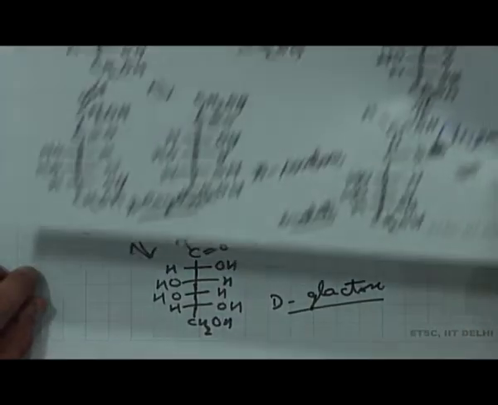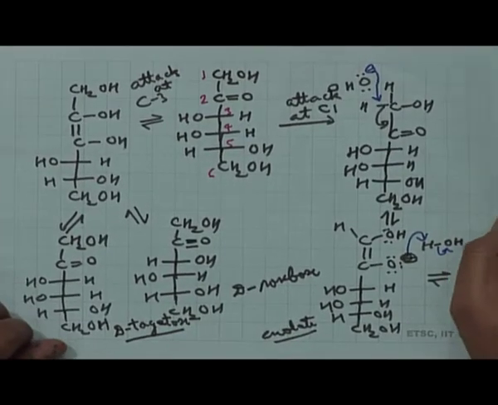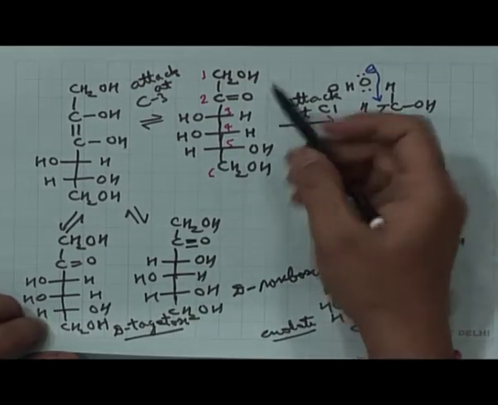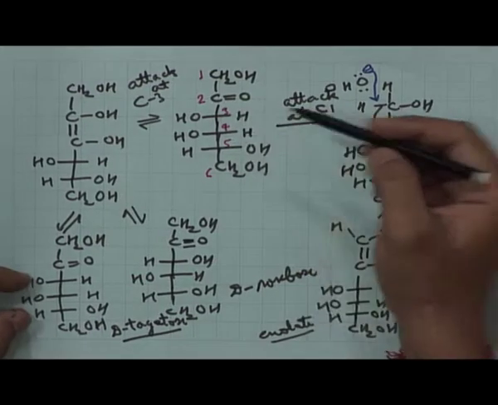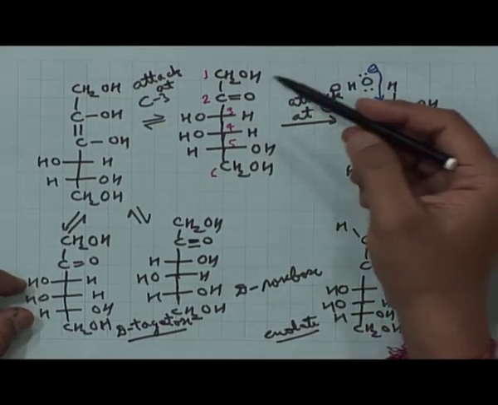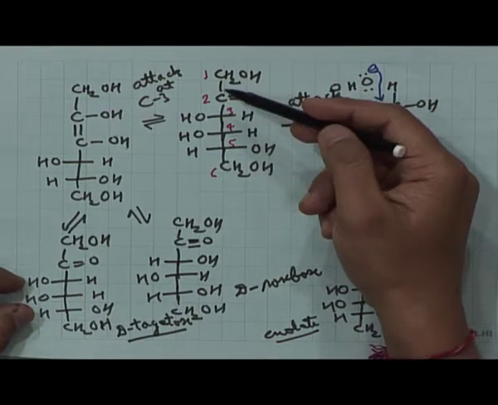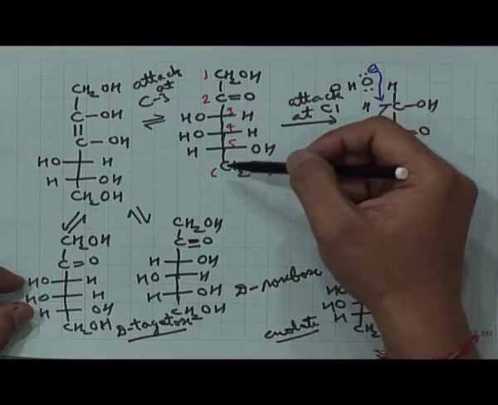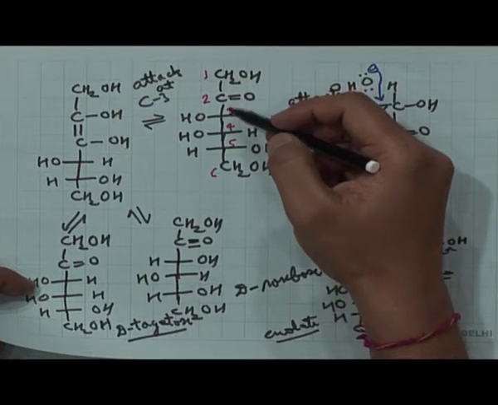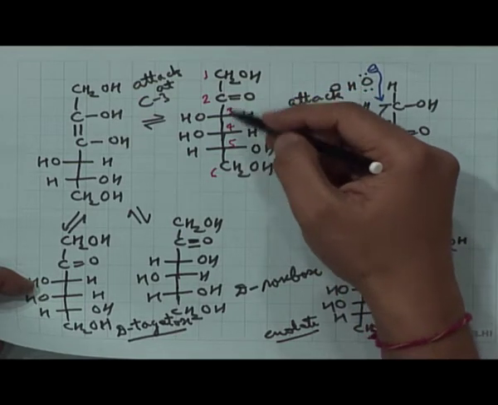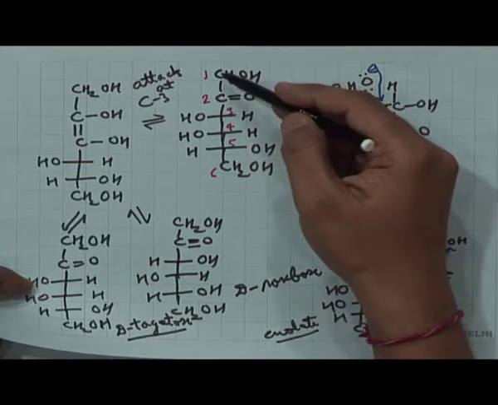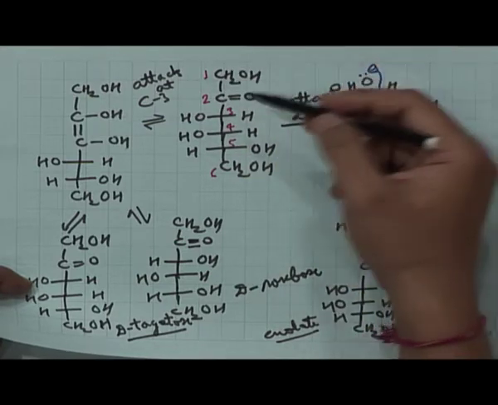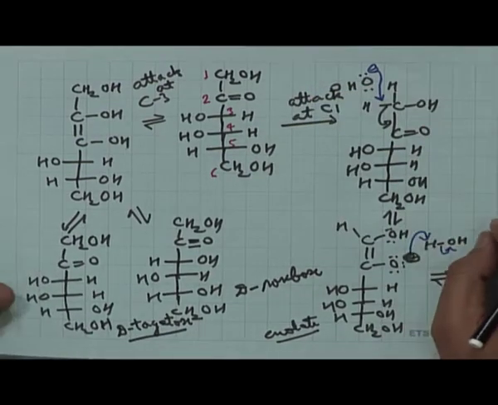And what did we observe? In D-tagatose, where the carbonyl is at the 2 position, it is getting transferred either upside or downside. If it goes downside, then it can travel again across the chain, and if it goes upside, then the ketose can get converted to an aldose.